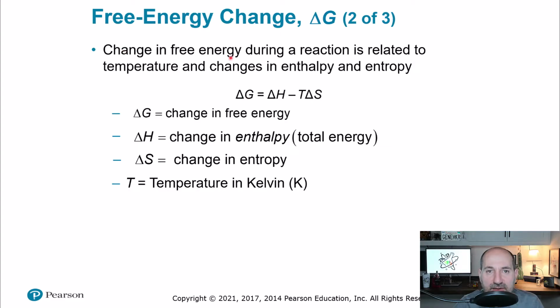The change in free energy during a reaction is related to T, the temperature in Kelvin of the system, as well as changes in enthalpy, which is H, and entropy, as you know, which is S. So this is known as the Gibbs equation, where if you want to understand change in free energy during a reaction, you have to understand what's happening with delta H, which is the change in enthalpy or total energy, and delta S, which is the change in entropy. As you know, that's disorder.